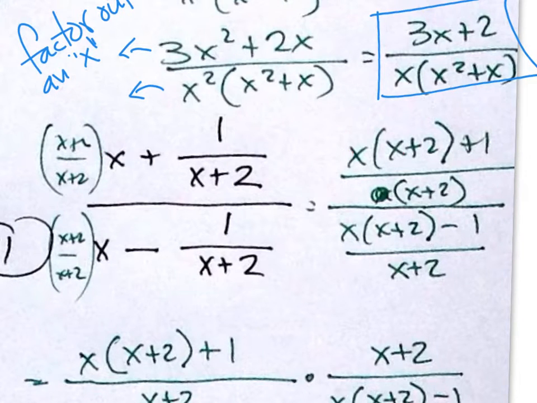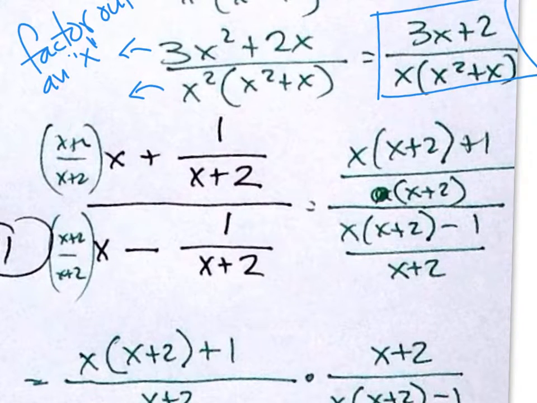So this becomes x times x plus 2, that's this, plus 1 all over our common denominator of x plus 2. So this becomes this. And this over here, we have x times x plus 2 minus 1 all over our common denominator of x plus 2.